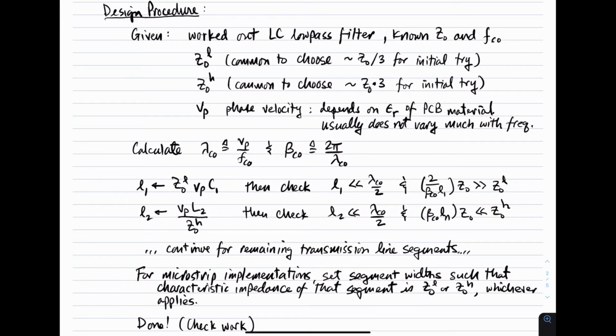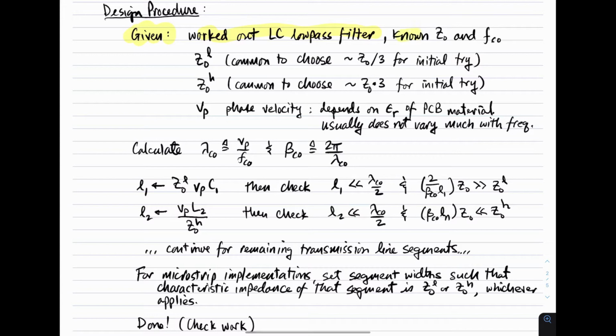With that in mind, here is the design procedure. First, let's consider what the givens are. Going into this process, you're going to have a worked out LC low-pass filter, right? You've already got some filter that's comprised of discrete capacitors and inductors. It's low-pass in the way I just showed you earlier in this video.